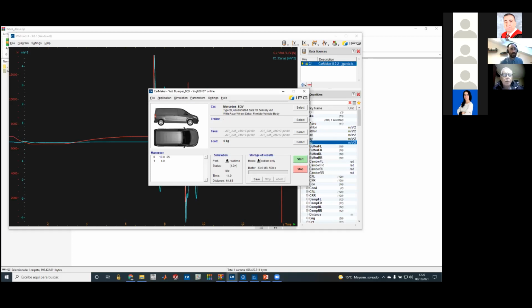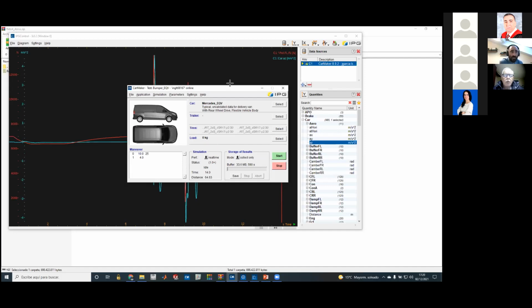Good. So I'll go for a brief example, and I want to show how we can do this in practice. As you see on my screen, I'm using a software called CarMaker.